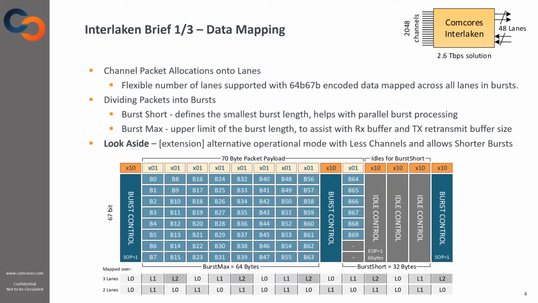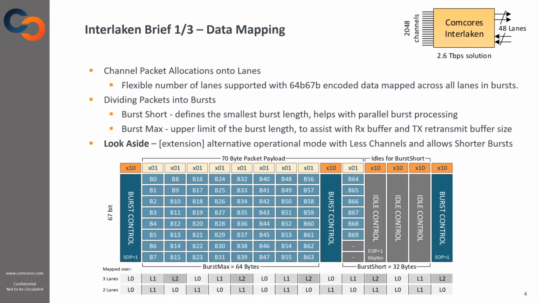It can be very high-speed data or very sparse data like control data or some other. And Interlaken will take care of merging those data packets together and sending them on a set of common lanes. And the encoding there is 64B/67B. It's a little bit odd, but at the time it was cutting edge, I believe.